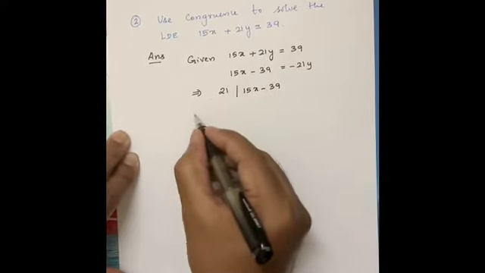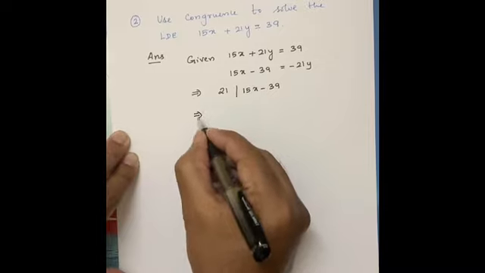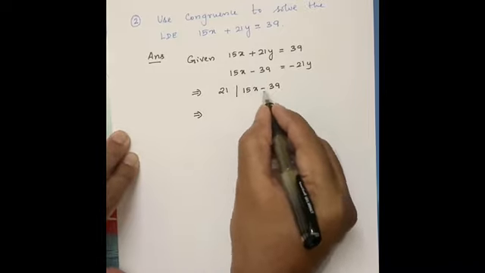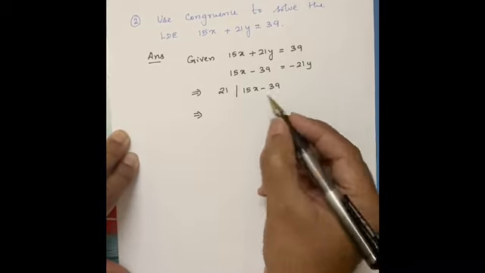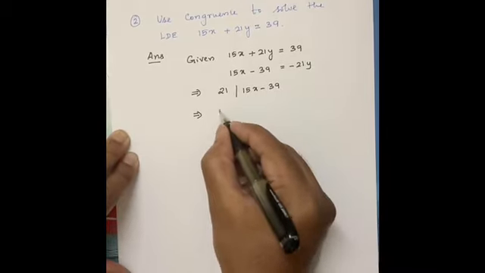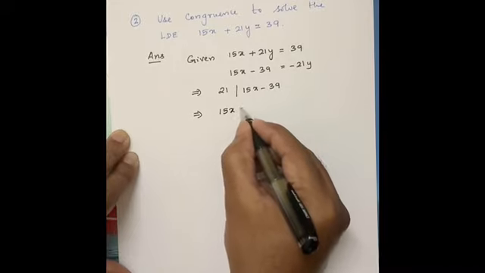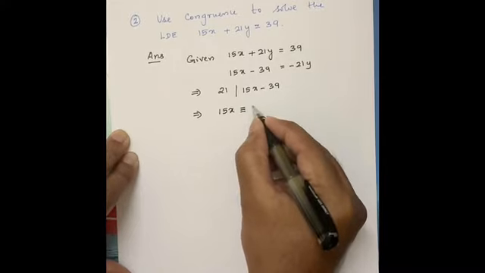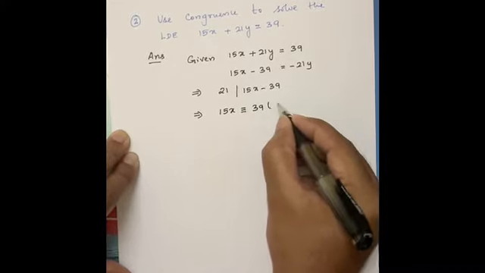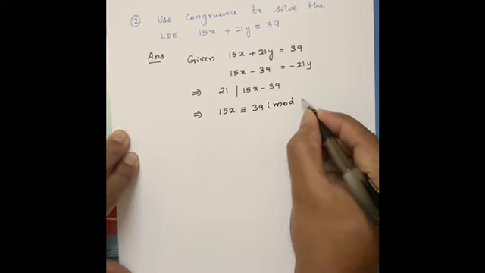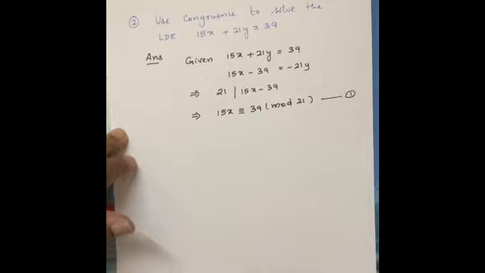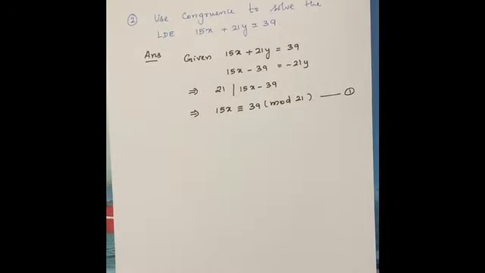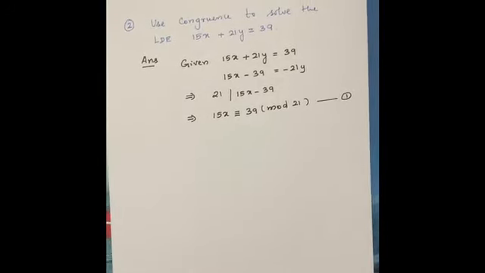How do you write the congruence for this? 21 divides a minus b means a congruent to b modulo 21. So here this implies 15x congruent to 39 modulo 21. So we are converting the given LDE into a linear congruence.